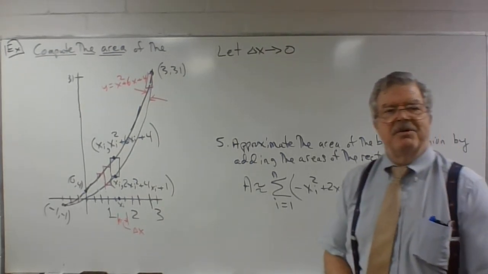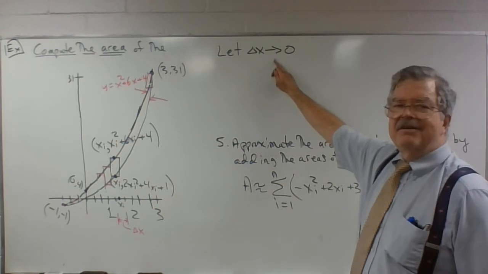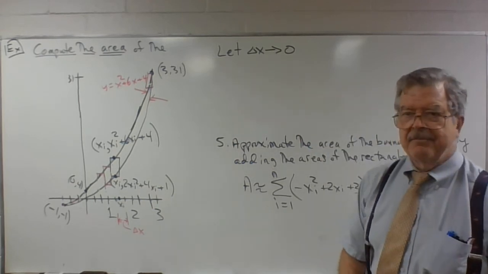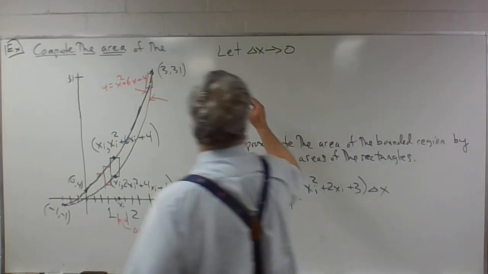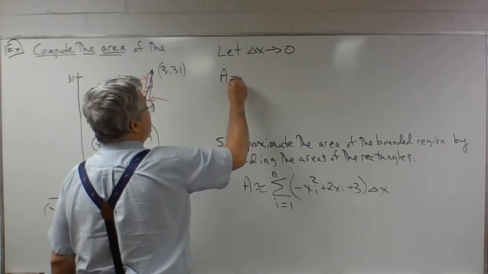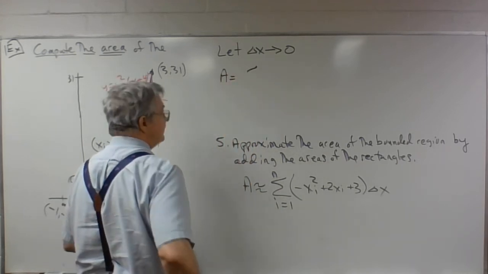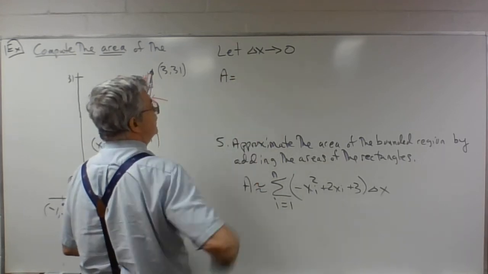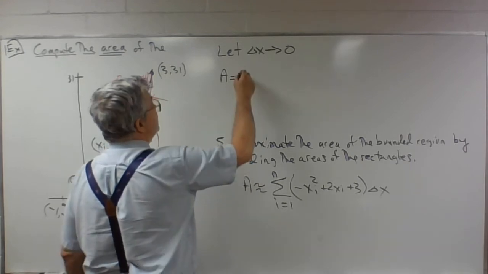Okay, it's time to pull the ripcord. Let delta x go to 0. And in this case, we get exactly the area. It's no longer an approximation, it's the exact area.